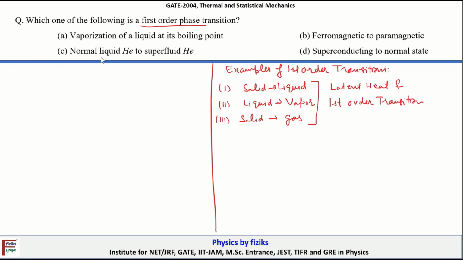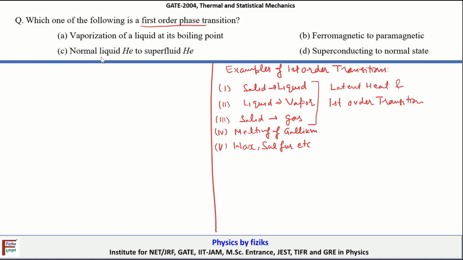Okay, other examples which can be included in this type of transition are the melting of gallium, wax and sulfur, etc. They fall in such type of transitions.